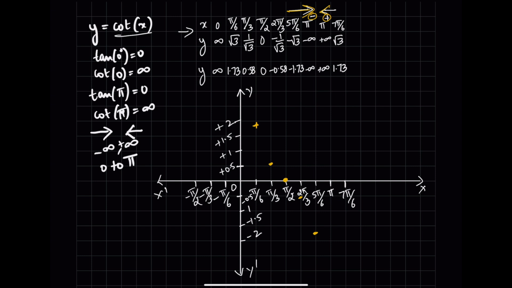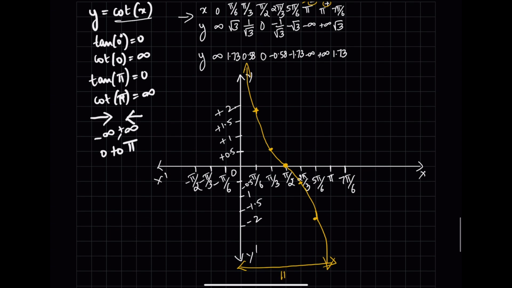So we would get something like this. When we join, this is what we get for all the values we know. But if you notice here, as it approaches 0, the value goes to infinity. In the same way, as the value approaches pi, the value goes to infinity. Now if you see, this period is pi.